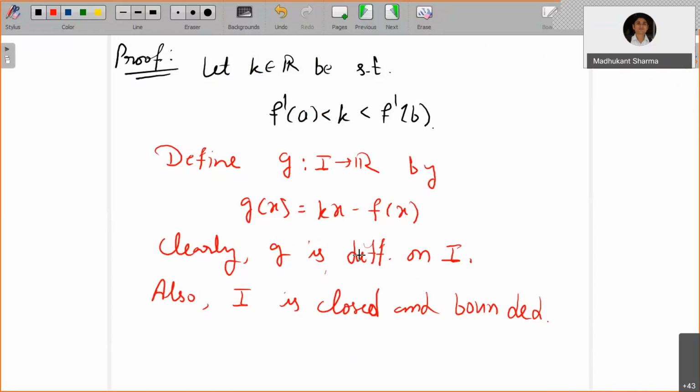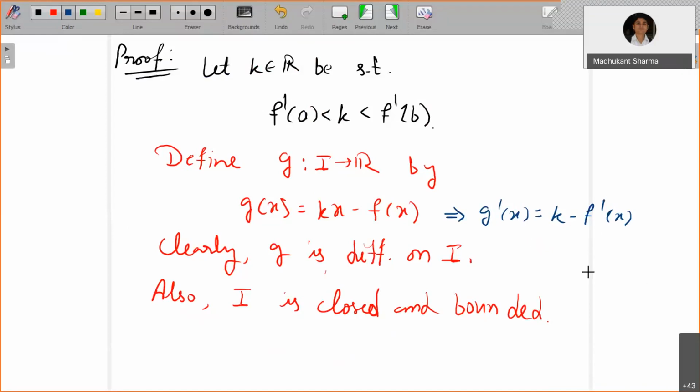So what is g dash of x? This implies g dash of x is k minus f dash of x. Now, check g dash of a. g dash of a is k minus f dash of a, and you know that f dash of a is less than k. So g dash of a is greater than 0 and g dash of b is strictly less than 0.